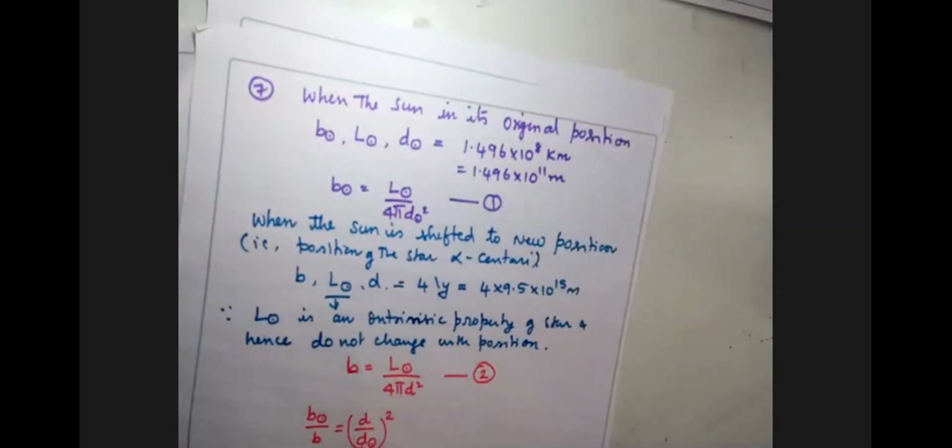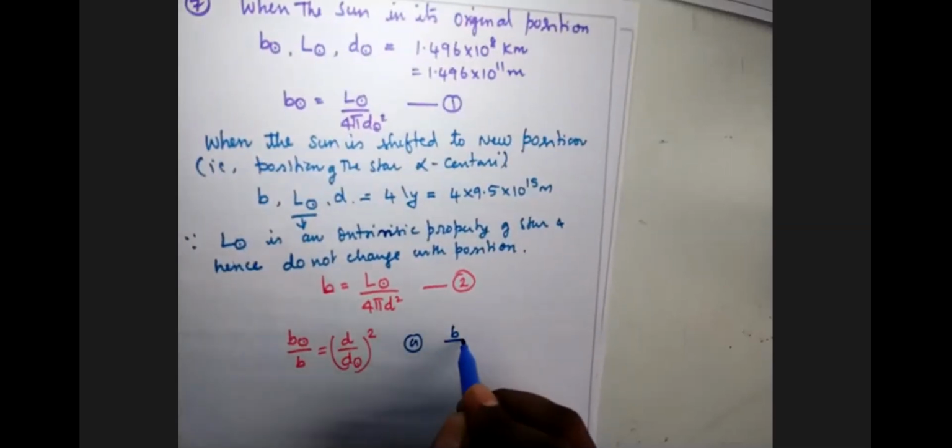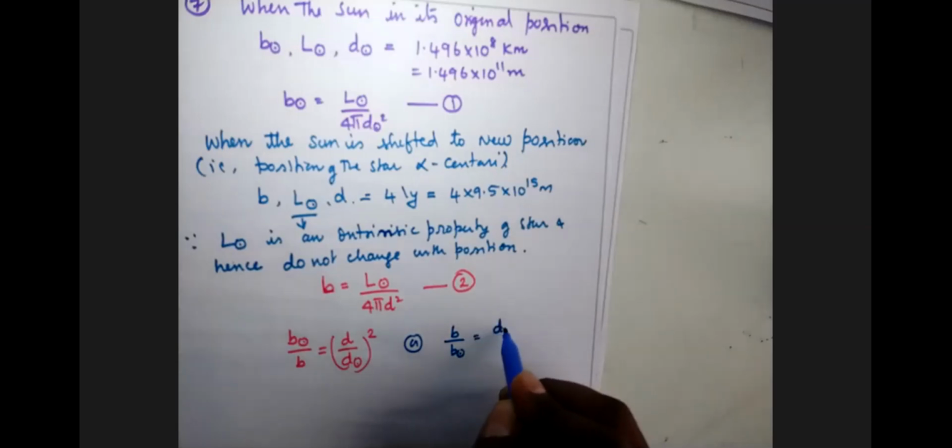You can write in terms of B by B naught is equal to D naught by D whole square.